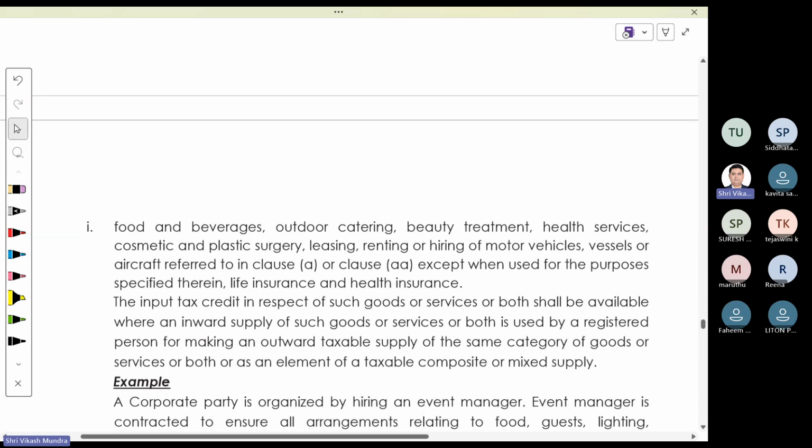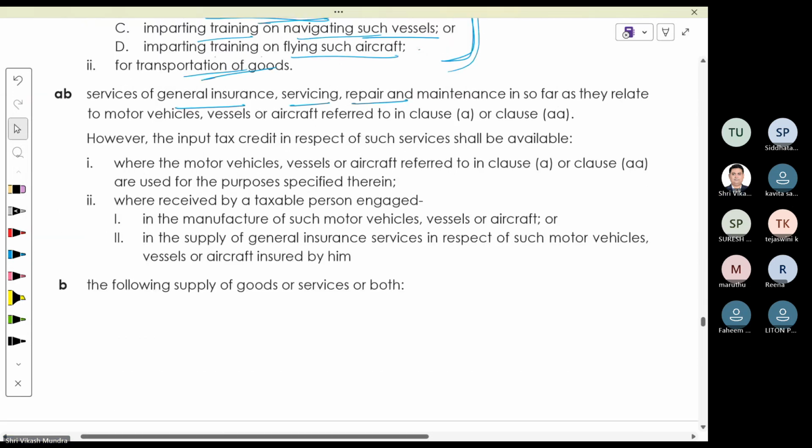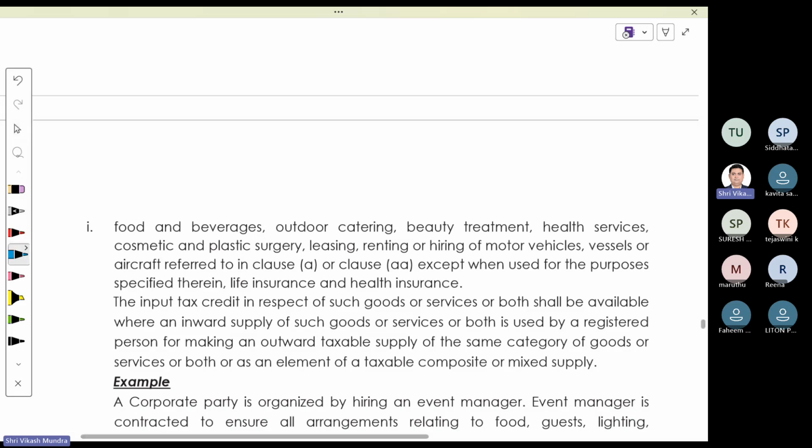Further, food and beverages, outdoor catering, beauty treatment, health service, cosmetic and plastic surgery, leasing, renting or hiring of motor vehicles, vessels or aircraft, except when used for the purpose specified therein, life insurance and health insurance. If you are availing these services, ITC is not available to you.